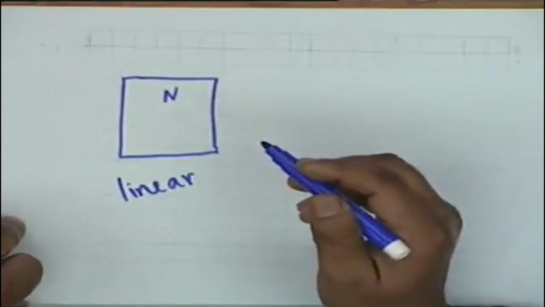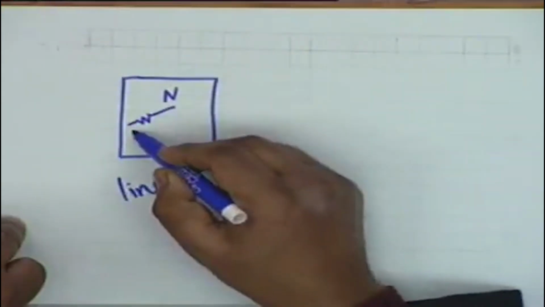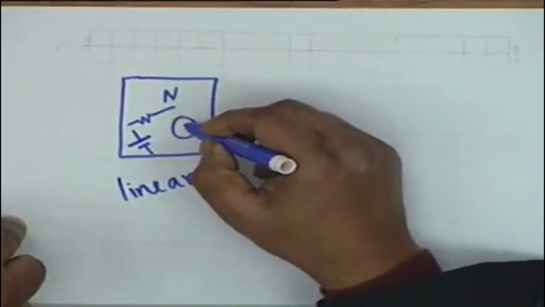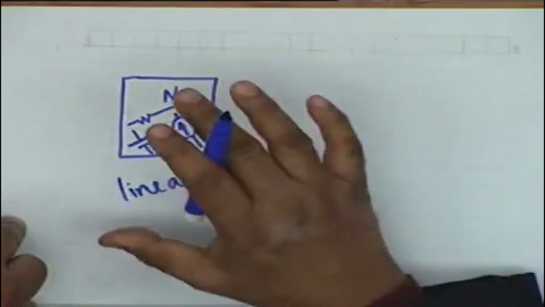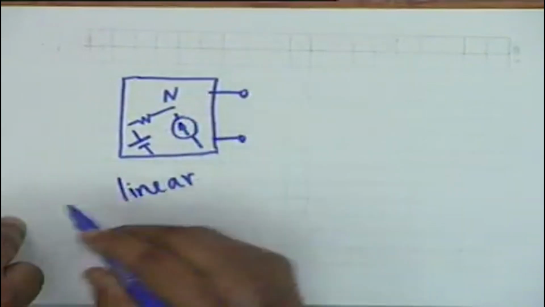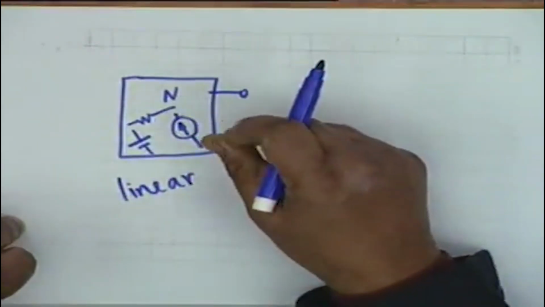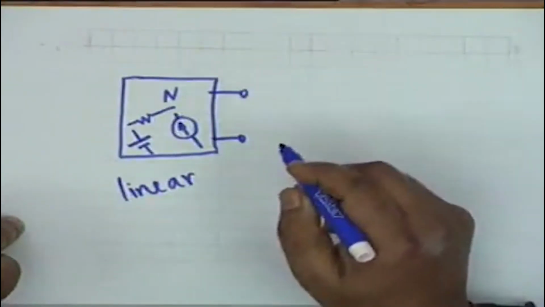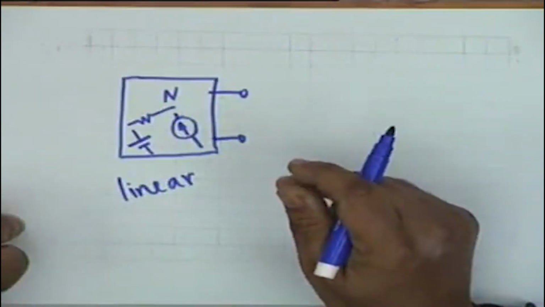Suppose we have a network N which not only contains resistors but also contains voltage sources and current sources. So we are considering a composite one port which contains resistors, voltage sources, current sources, and these sources could be either independent or dependent.